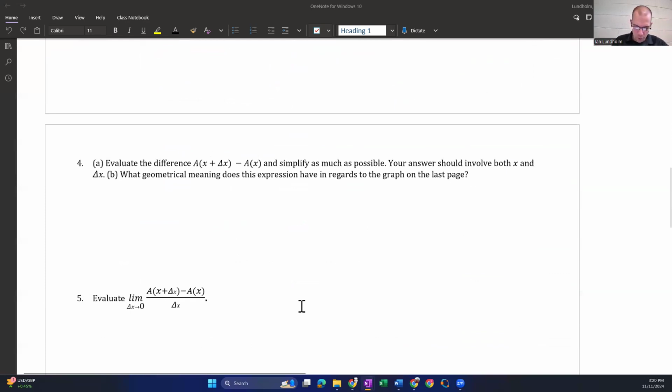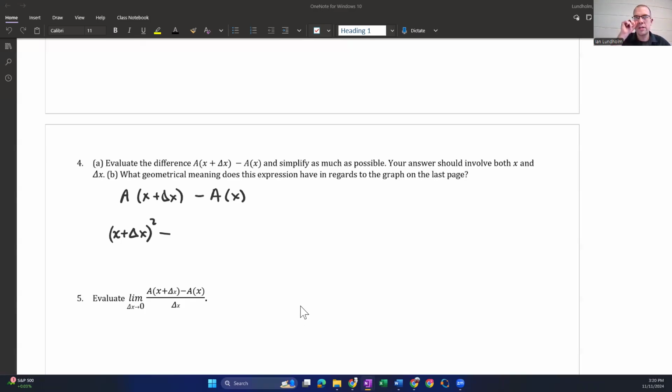Let's go ahead and see what we can do by plugging this in. If we start working with this, A of x plus delta x minus A of x. A of x plus delta x should be, oh, we don't want to do that again, sorry. We're going to plug in x plus delta x in for x squared. So x plus delta x squared.